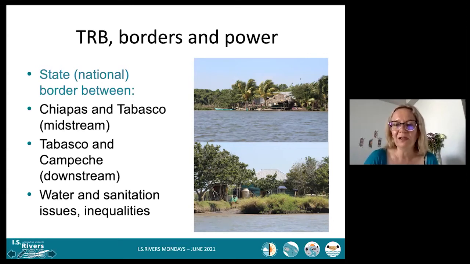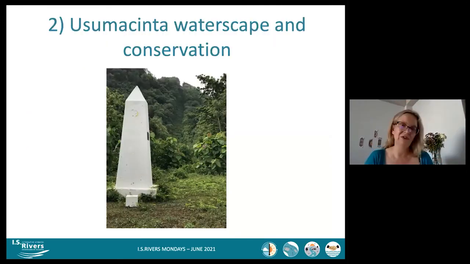On the top, we're at Tabasco, there's power, and on the bottom, Campeche on the other side of the river, and they have to install solar powers because they don't have an electricity grid.